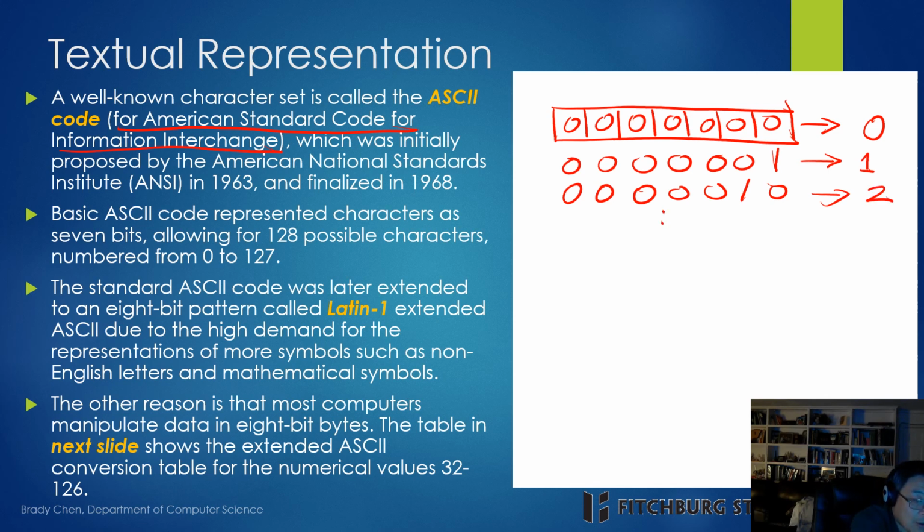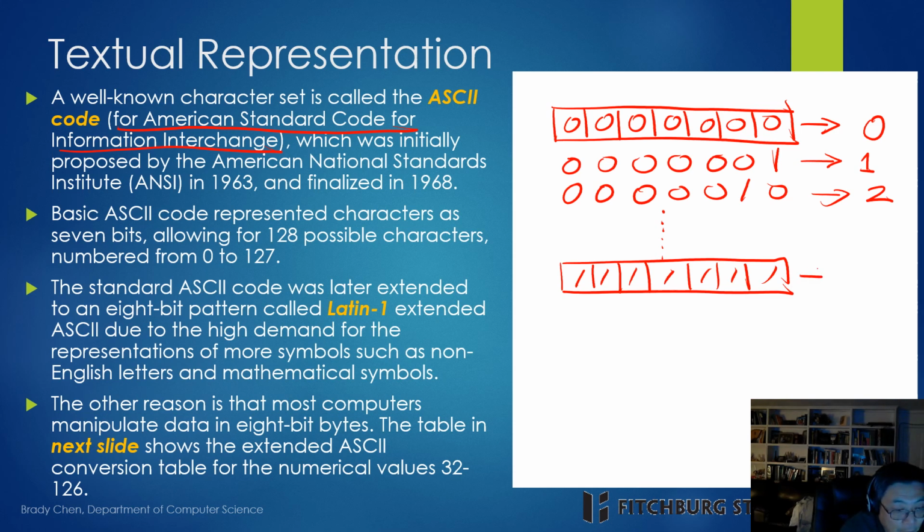Now, what's the largest number we can represent with 7 bits? If we put all 1s here, then we can convert it into a decimal value. And what's this decimal value? If you still remember how we convert a binary number into a decimal value, this is the 1's position, that's the 2's position, 4th, 8th, 16th, 32, 64.